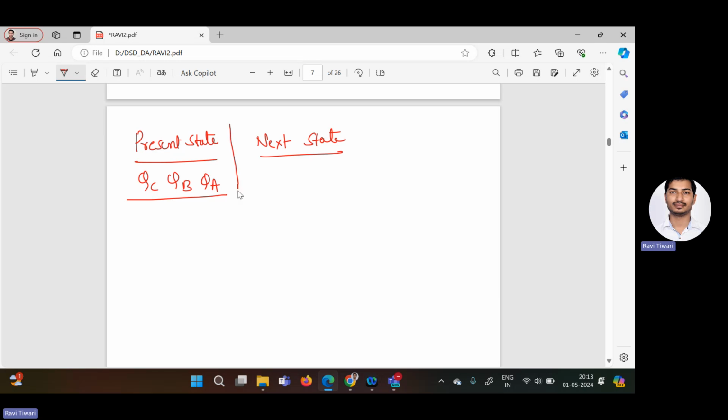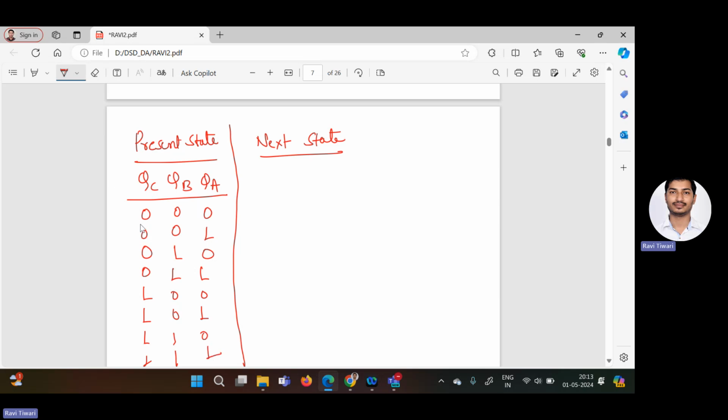These represent the 3 bits of the present state. As we are using 3 bits, the total possible combinations will be 8. I am writing all 8 possible combinations here. So with the 3 inputs, we can represent 8 different numbers.